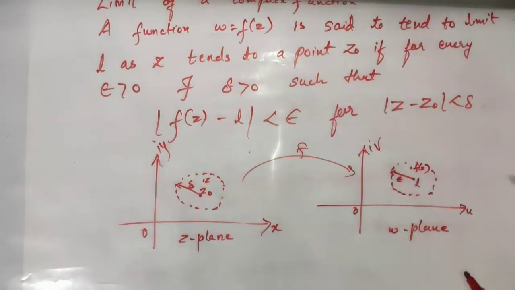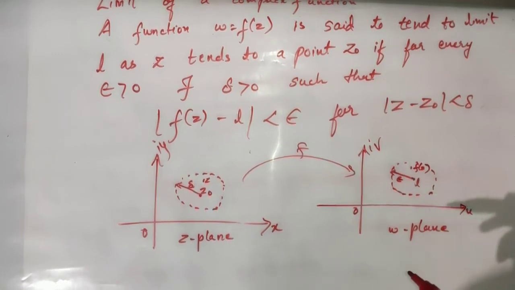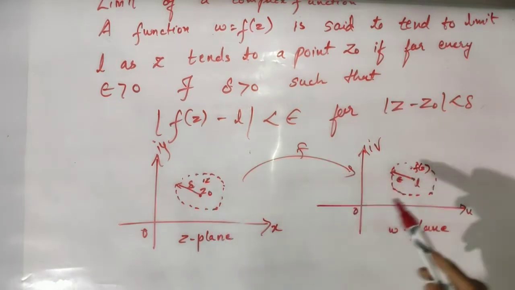On the other hand, we have another circle with center L and epsilon as the radius. Since it is a radius, it has to be greater than 0. And then there is f of z over here.